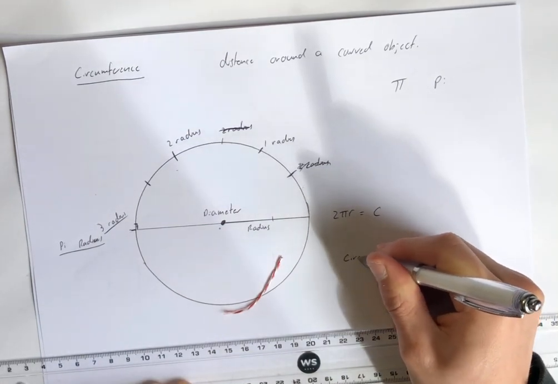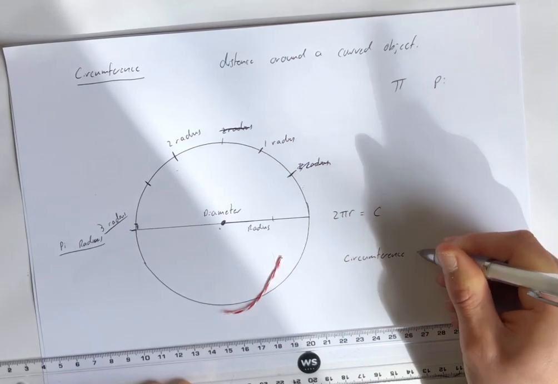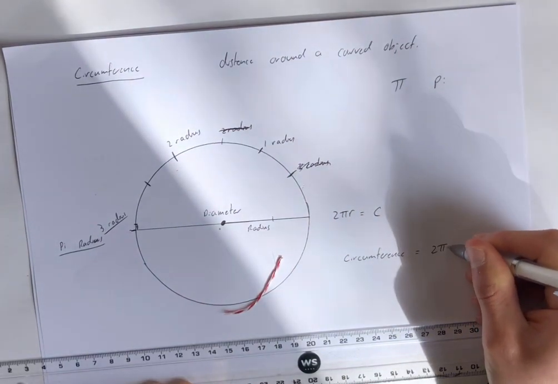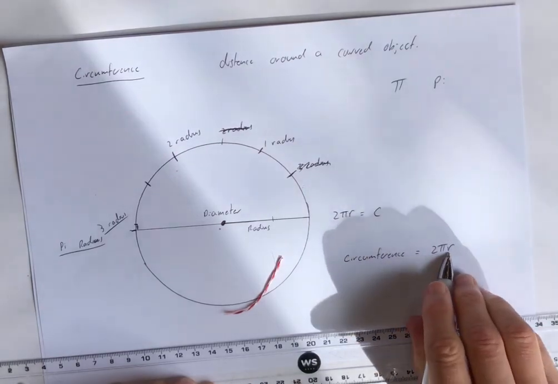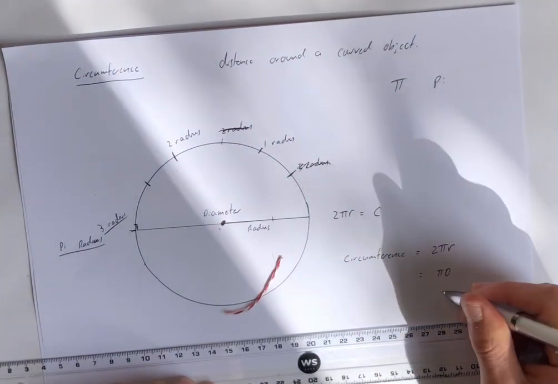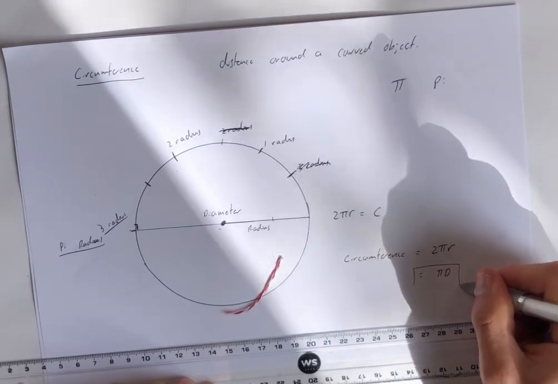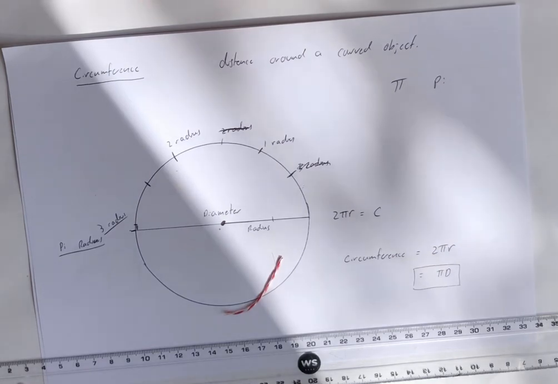So circumference is equal to 2 pi times the radius, okay? And then 2 radiuses is a diameter, so you could say that it's pi times diameter as well. That's a little extra one, okay? Pi times diameter.